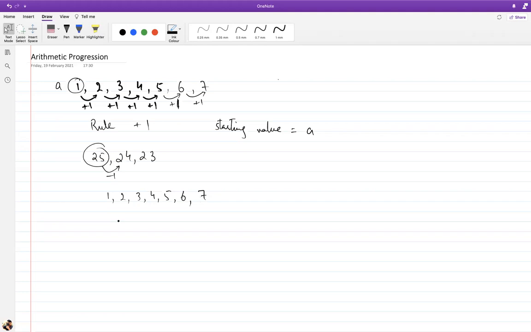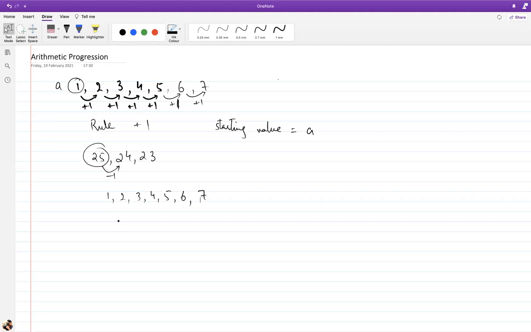Oh, sorry, you're supposed to add them. Never mind. I would simply just add all of them. 7 plus 6 plus 5 plus 4 plus 3 plus 2 plus 1. That is the simplest method, that you just start adding them up. So 1 plus 2 is 3, 3 plus 3 is 6, 6 plus 4 is 10, 10 plus 5 is 15, 15 plus 6 is 21, and 21 plus 7 is 28.